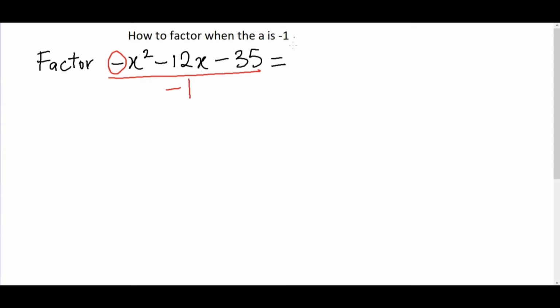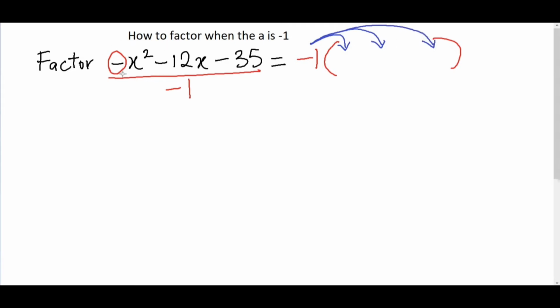If you divide the entire problem by -1, then you will have a negative outside the parenthesis, and inside the parenthesis, you will get whatever you have after you divide by -1. So let's see what happens here.